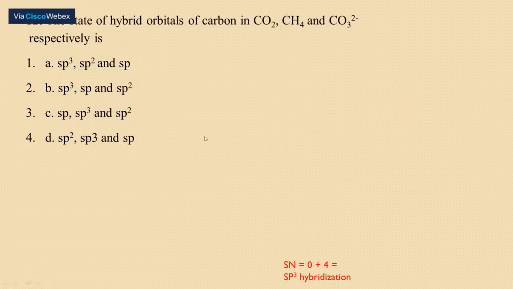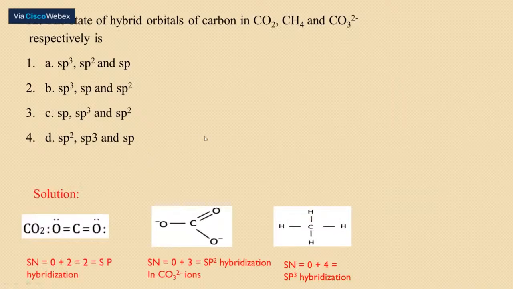Now let us see the answer. As I said, if you know the structures, or the hybridization which is taking place, you can give the answer immediately. If not, no problem.